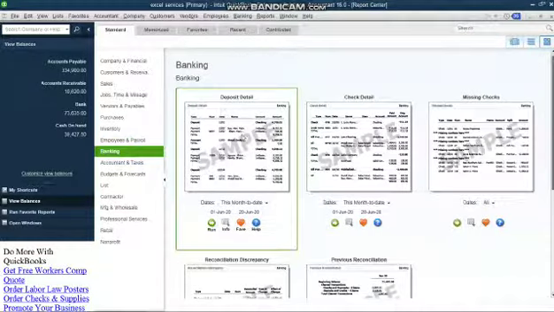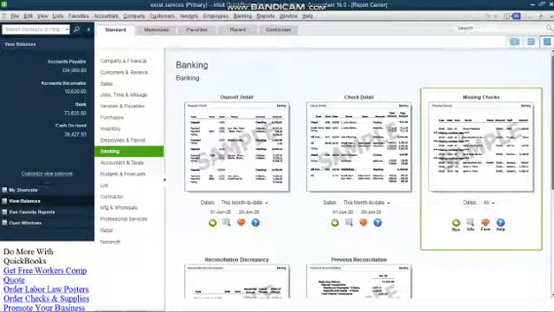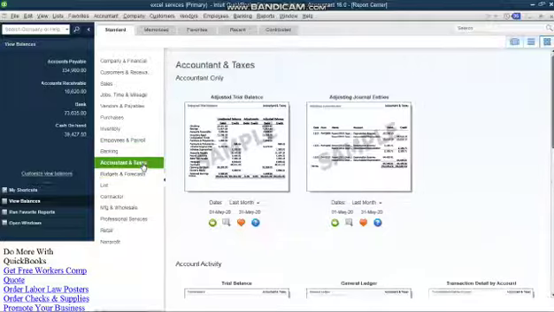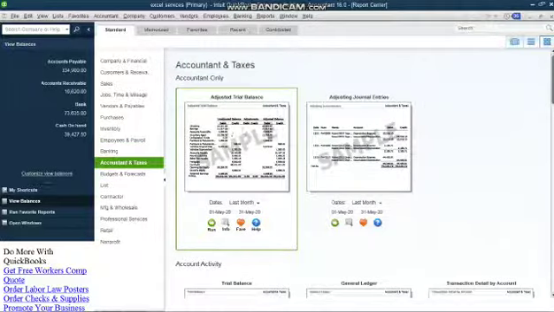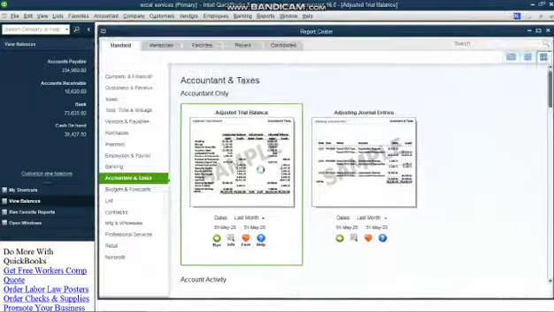You look at banking: the deposits, the actual funds you have deposited, the checks you have written and their details, the missing checks, your reconciliation discrepancy, your previous reconciliation. Also, accountant and tax, you check your trial balance, the journal entries you have done.